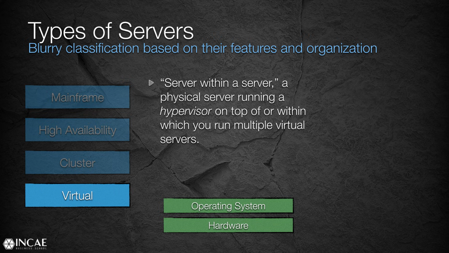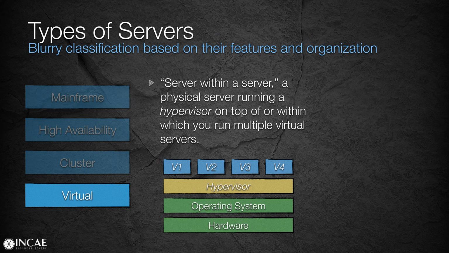Now within the Linux, we will install what we call a hypervisor. And what is a hypervisor? It is a software tool that allows us to segment or partition the entire server in multiple portions and then create virtual servers or smaller sized servers within this hypervisor. And we can have multiple virtual servers running within a hypervisor.